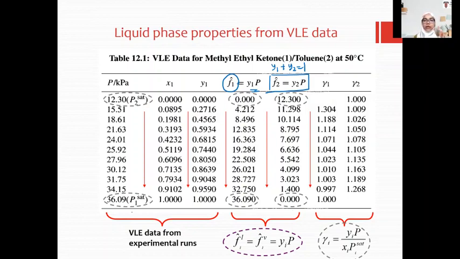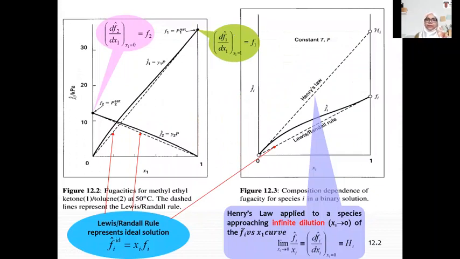This is additional information that you can extract, or you can evaluate this data to obtain other data such as the fugacity of the species in the solution, as well as the activity coefficient.